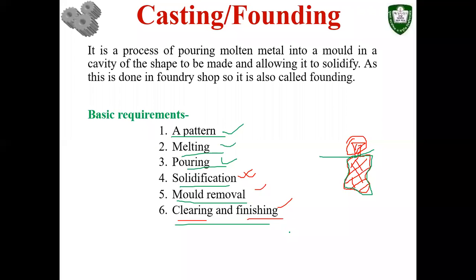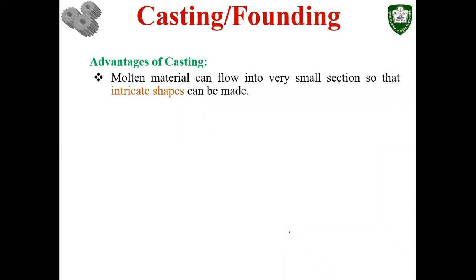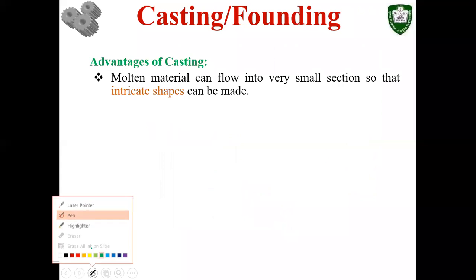Okay, so we are moving forward. We are studying casting, but what are the advantages? First one, the molten material can flow into very small sections so that intricate shapes can be made. The cavity, what we have been talking about in the previous slide.